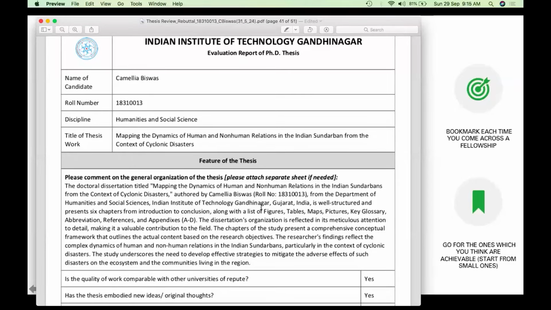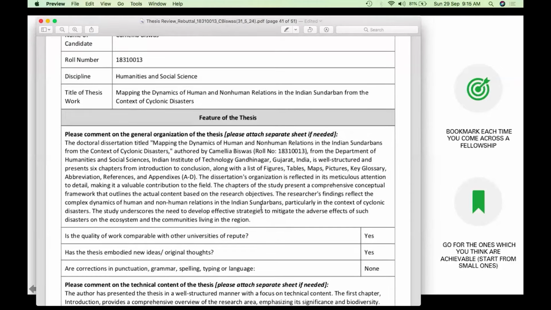This is something your reviewer is going to write for you, and these are certain questions that you get. I think this is very similar across IITs, IISERs, and across all the institutes. These are certain things the reviewer will be asked to comment on. The forms might be different, but similar questions will be asked across all the Indian institutes.